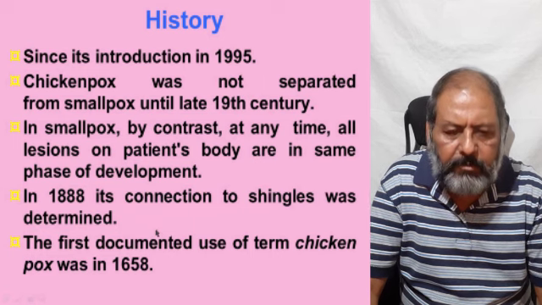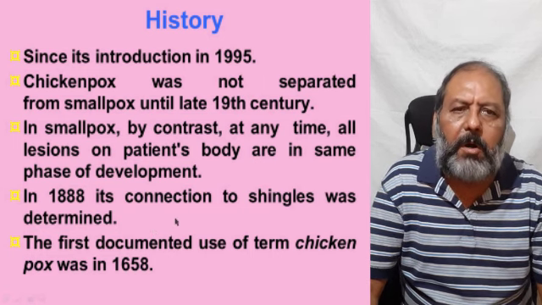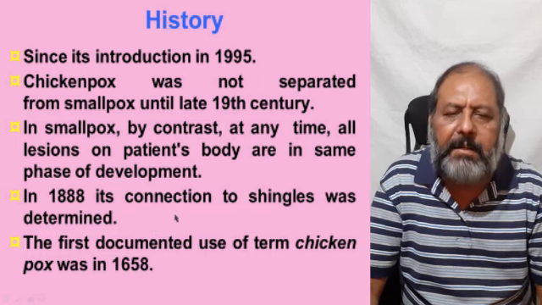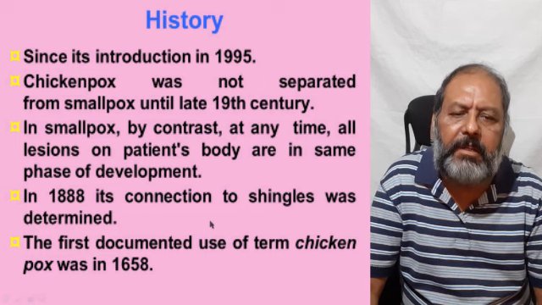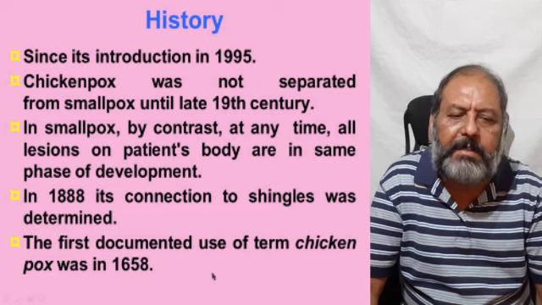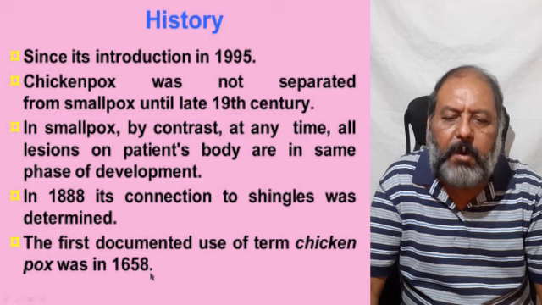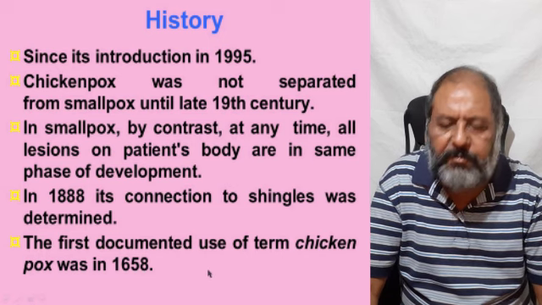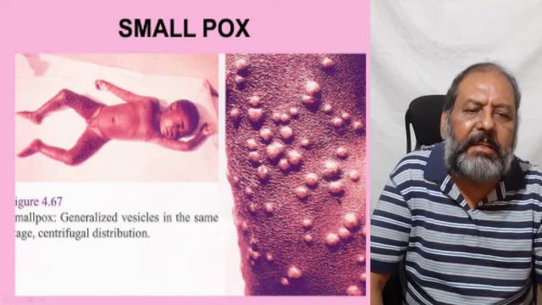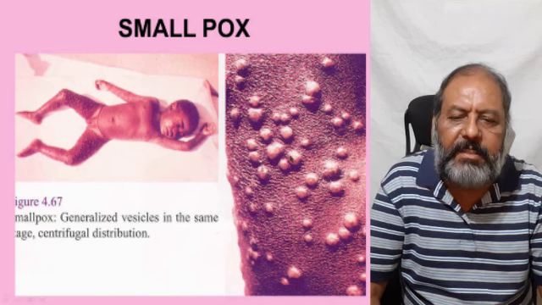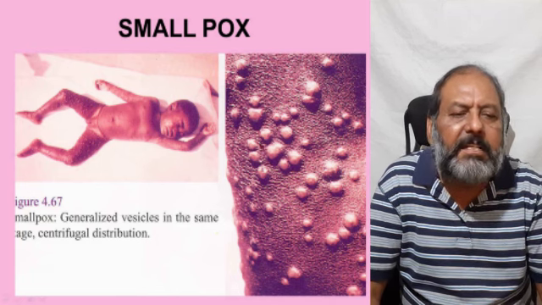As you know, chickenpox can appear in later life as shingles, after 30-35 years. The first documented use of the term chickenpox was in 1658. So here one can see the lesions of smallpox. These lesions are all the same.